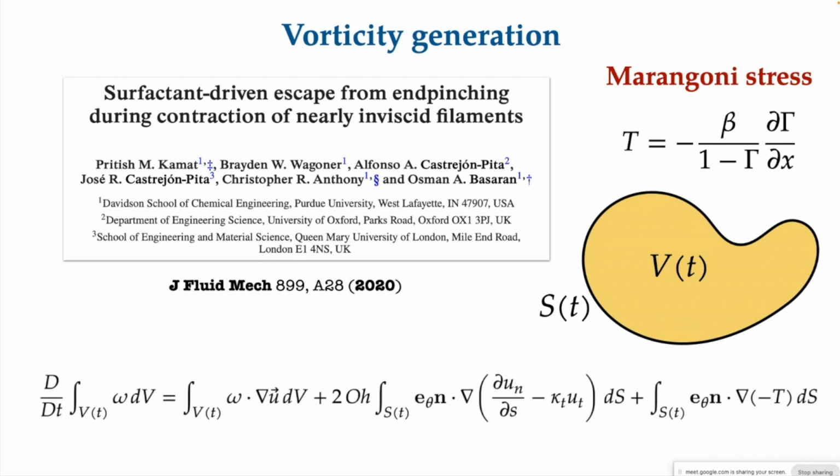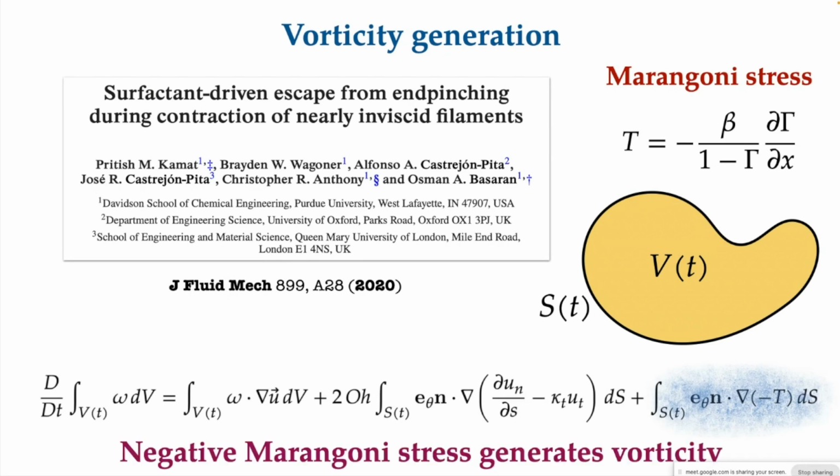One is because of the gradients, one is because of the viscosity, and the other term is this. You can see there's a T term, which is your Marangoni stress. So this is negative T. So basically, negative Marangoni stresses will create a positive vortex, and your positive Marangoni will create a negative vortex.